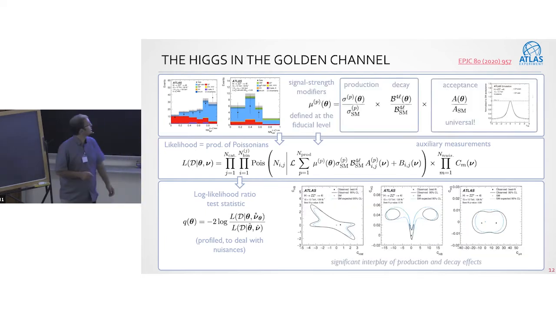In this analysis, the cross section is multiplied with a signal strength, and the signal strength is now modified according to a theory prediction consisting of production type modifications, decay type modifications, these things are separated, and acceptance type modifications, because this 4-lepton decay very sensibly depends on some of the operators, and your detector acceptance does not commute with that, and these effects are even huge.